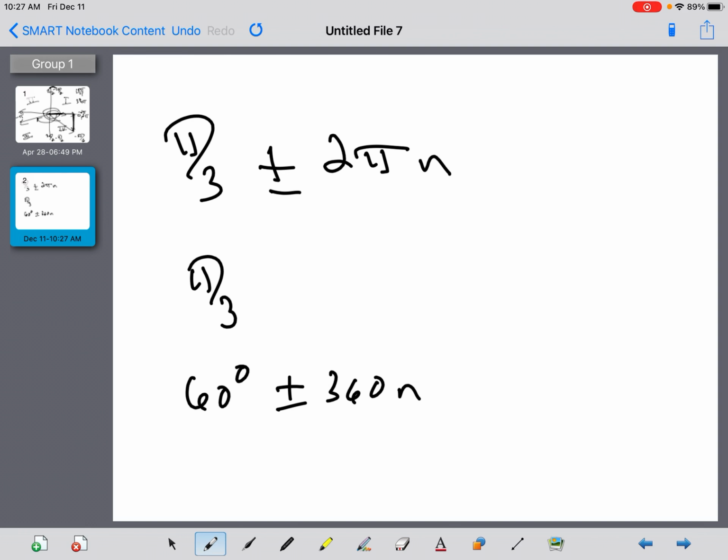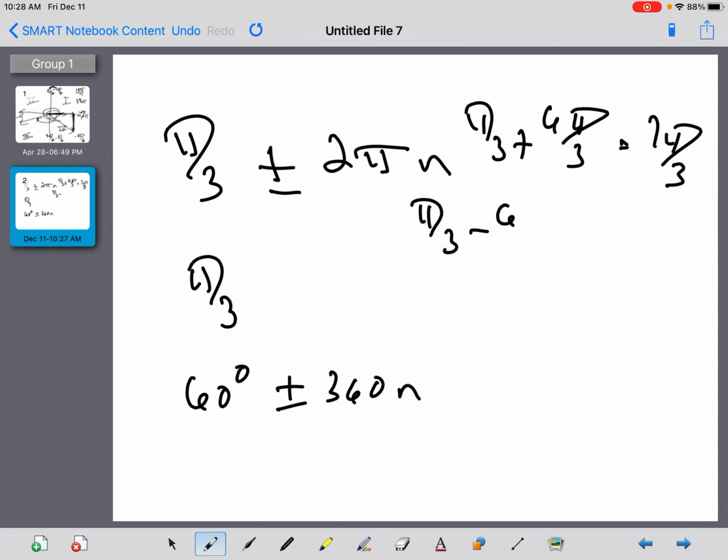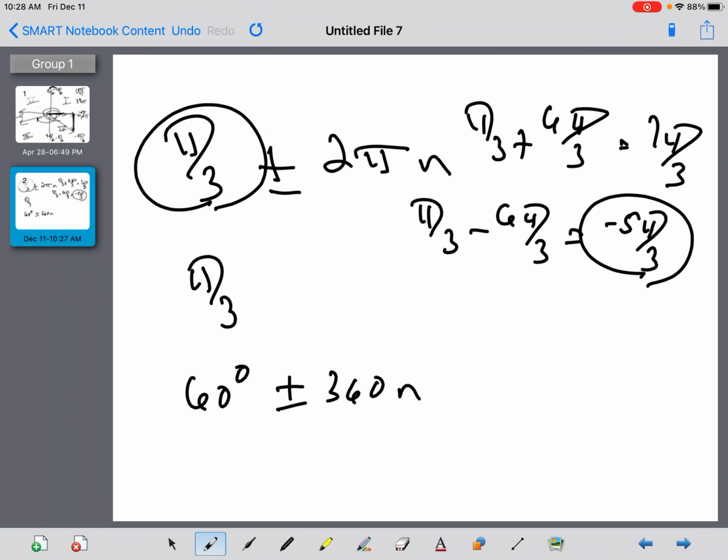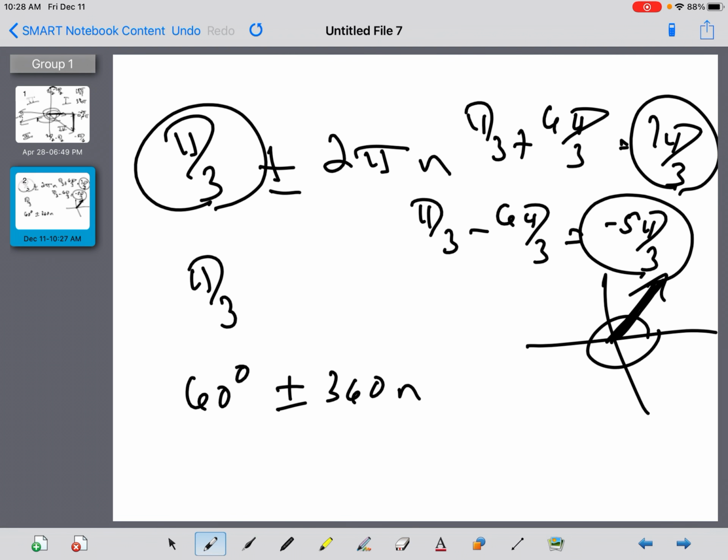Now, to do that with fractions, you're going to make this 6 pi over 3. So pi over 3 plus 6 pi over 3 gives me 7 pi over 3. If I take pi over 3 and subtract 6 pi over 3, I get negative 5 pi over 3. Again, pi over 3, 7 pi over 3, and negative 5 pi over 3 would all be in the same spot on the unit circle.